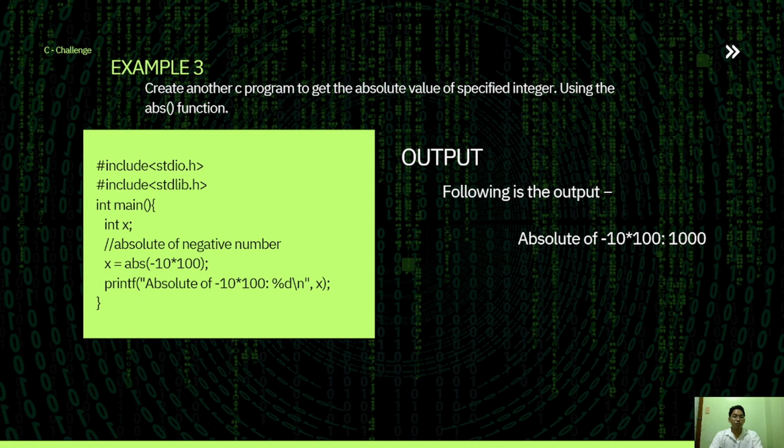The output will be: absolute of -10 times 100 is 1,000. Why? When you multiply a negative by 100, it is still negative, but because we need it to be positive, or the absolute value, it became 1,000.